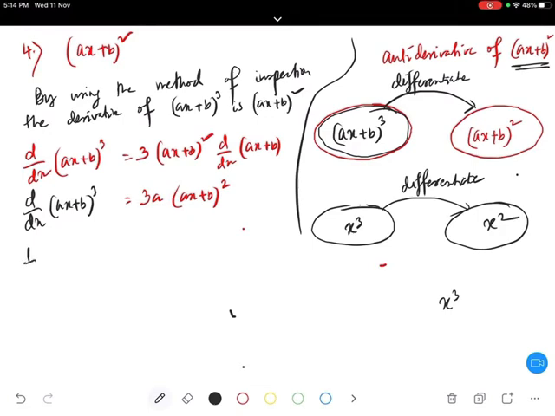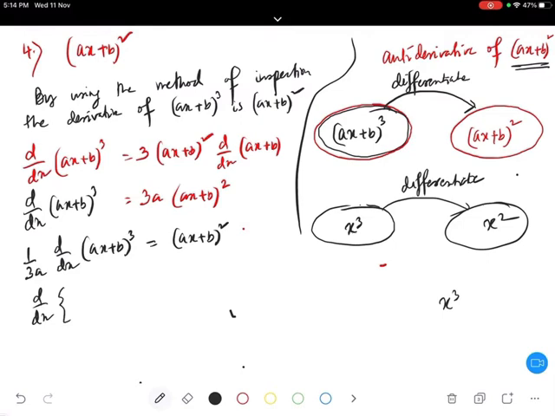So what happens? 1/3a d/dx of (ax plus b) whole cube is equal to (ax plus b) whole square. Now this 1/3a I will take inside the differentiation, and it becomes what?